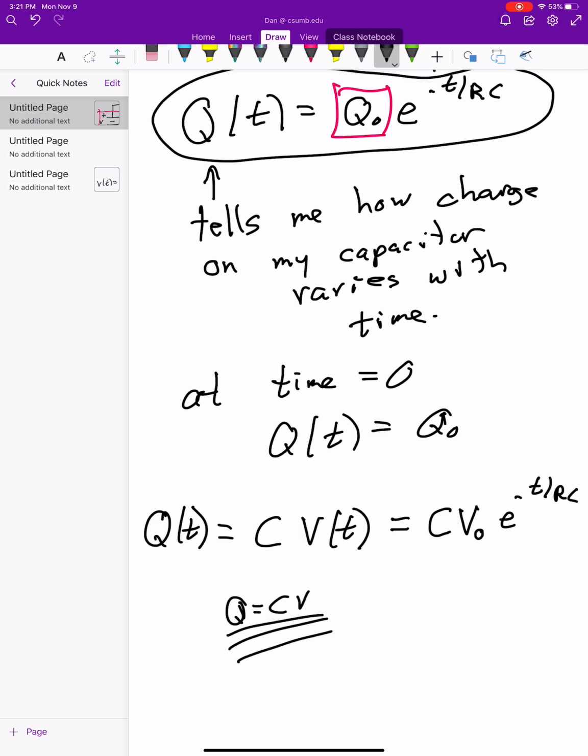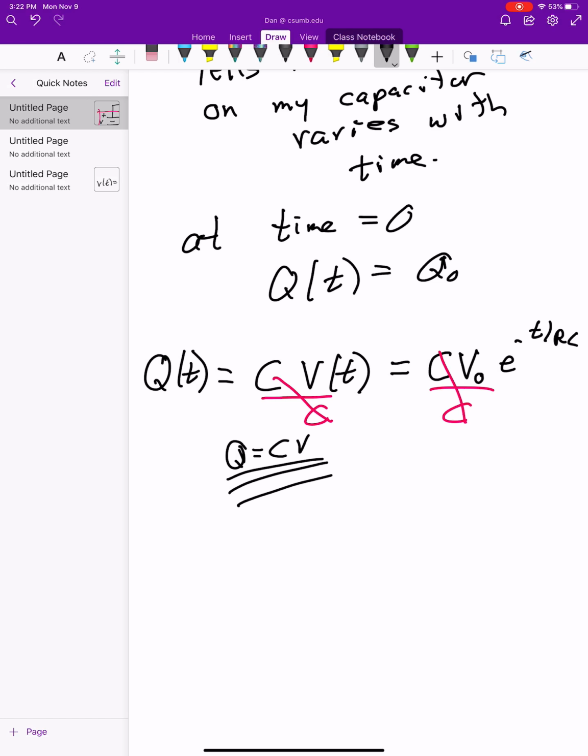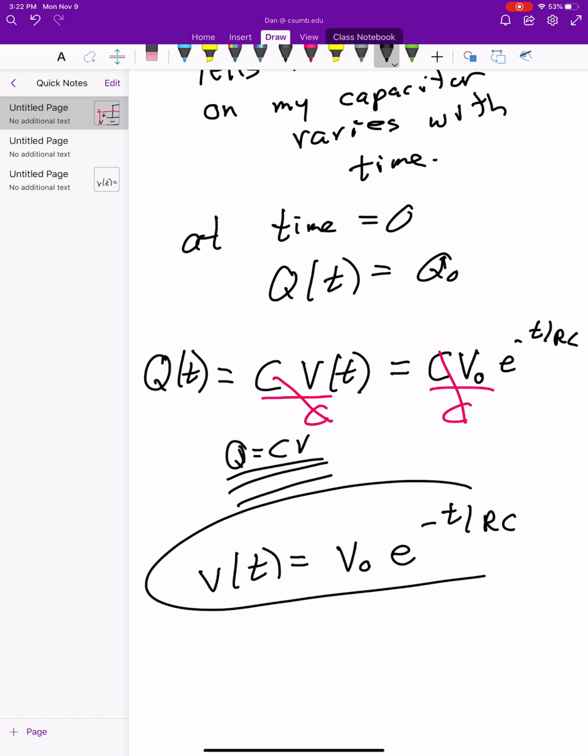And then I can divide both sides by my capacitance here. And this now is much more useful. This equation now tells me how my voltage across my capacitor is going to vary with time. That is a useful result. And that is where I'm going to end, and we're going to do some examples using this equation.